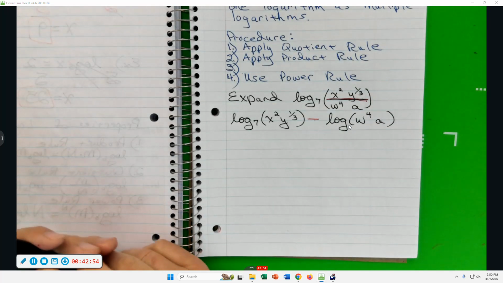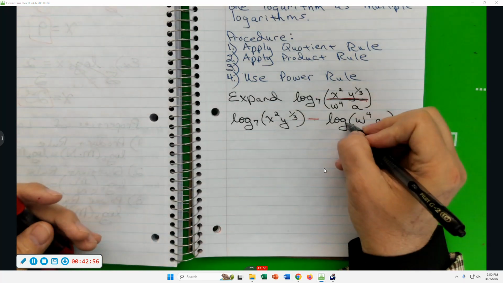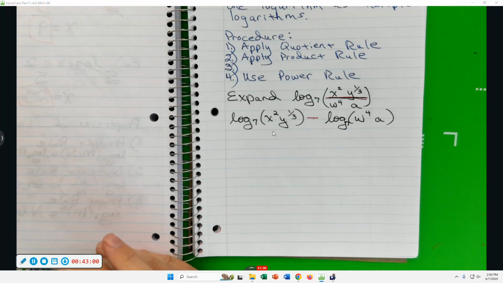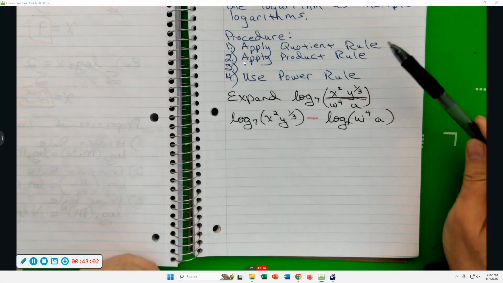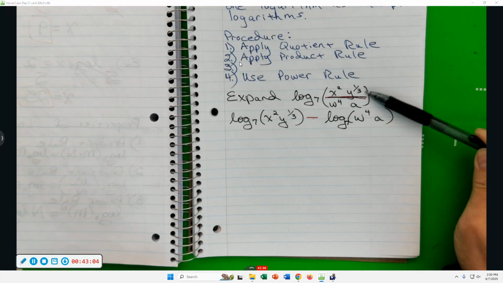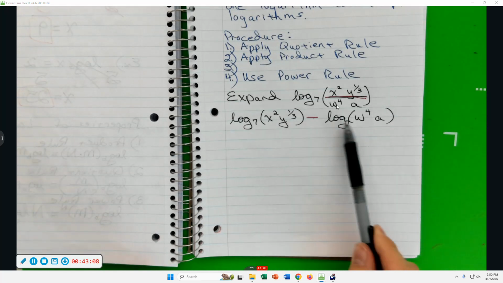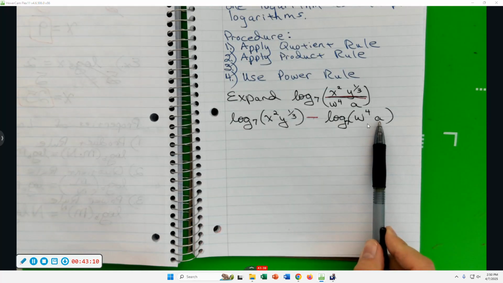Oh, I forgot my subscript. 7. Log base 7. We applied the quotient rule. The log of a fraction is the log of the numerator minus the log of the denominator.